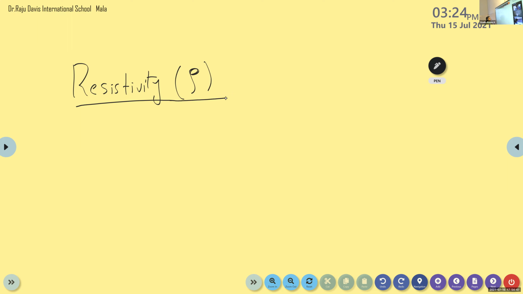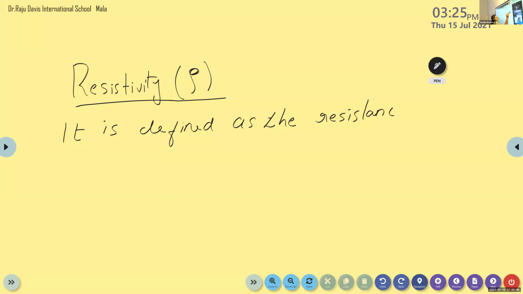And the resistivity of the material is the resistance per unit length. It is defined as the resistance per unit length of the material.